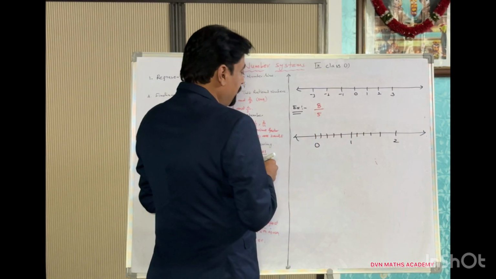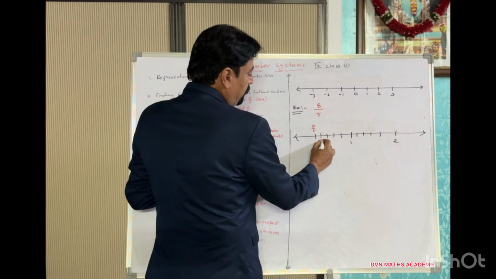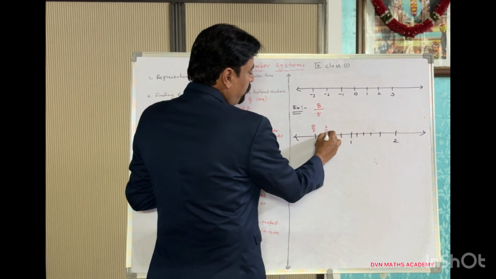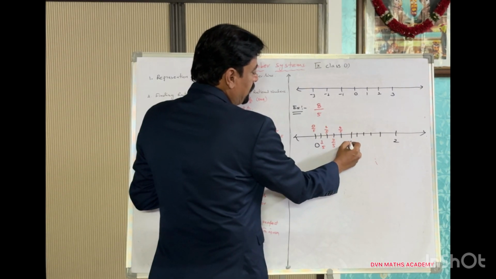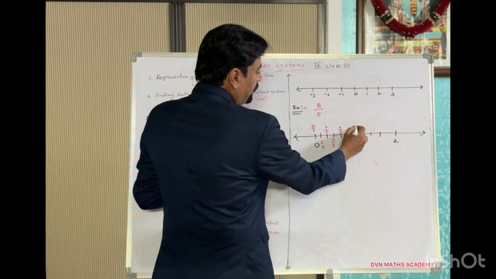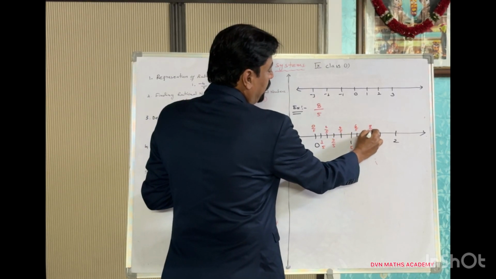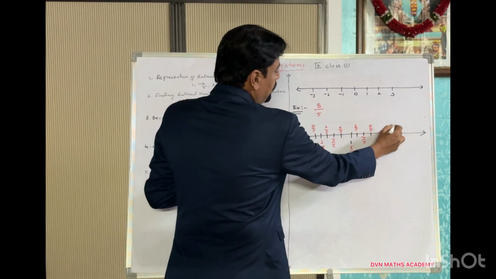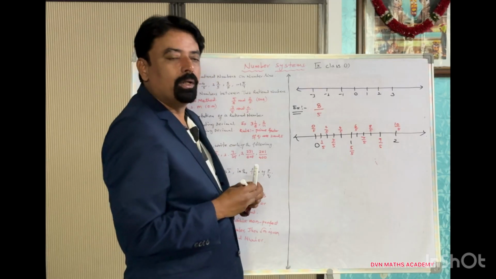Now you can write, this is 0 by 5, this is 1 by 5, this is 2 by 5, this is 3 by 5, this is 4 by 5, again this will be 5 by 5, and this becomes 6 by 5, 7 by 5, 8 by 5, 9 by 5, and this becomes 10 by 5. 10 by 5 means you know that the value is equal to 2.